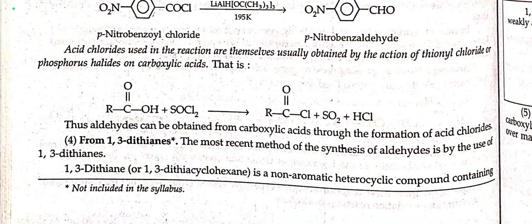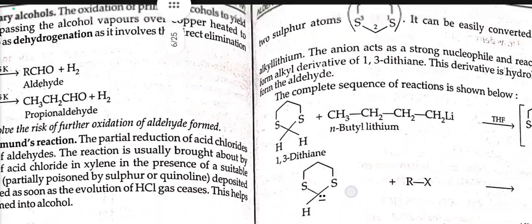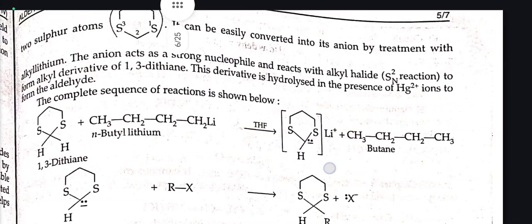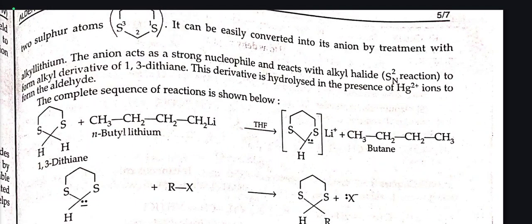The most recent method of the synthesis of aldehyde is by the use of 1,3-dithiane. 1,3-dithiane is a non-aromatic heterocyclic compound containing two sulfur atoms. It can be easily converted into its anion by treatment with alkyl lithium.